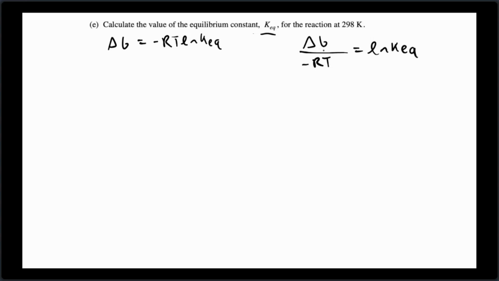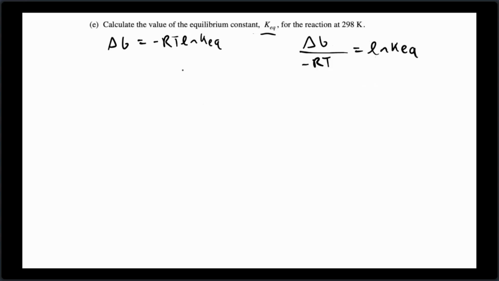We remember our delta G is 257 kilojoules, or 257.2 kilojoules. But for this instance, since this R is a constant, since that's in joules, we want to convert that 257.2 kilojoules into joules.